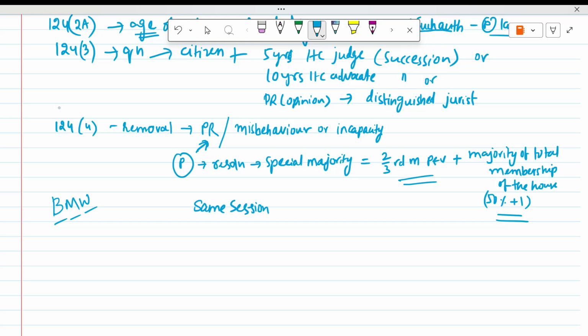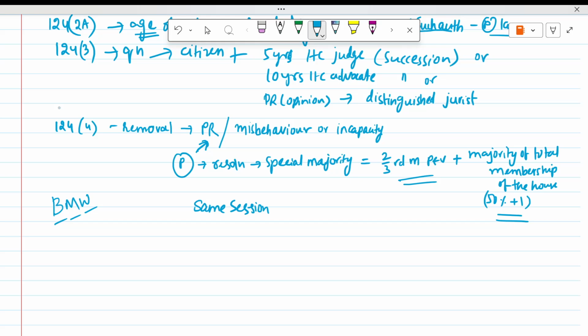If Lok Sabha passes it, but Rajya Sabha has not passed it, then that bill will lapse, and you have to take it up freshly. So both houses should pass it within the budget session.